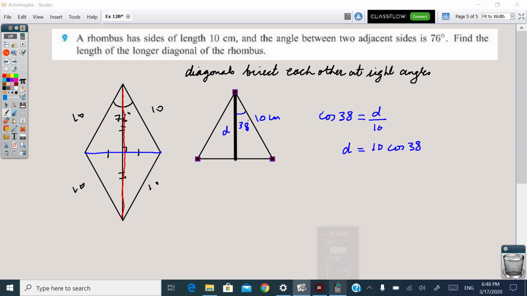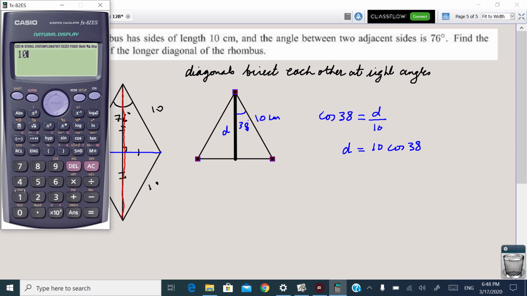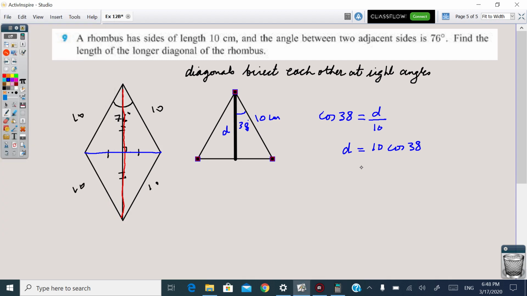Let's work this out. 10 cosine 38 is equal to 7.88 meters, or centimeters, I mean, 7.88 centimeters. But we have just remembered that the diagonals bisect each other.